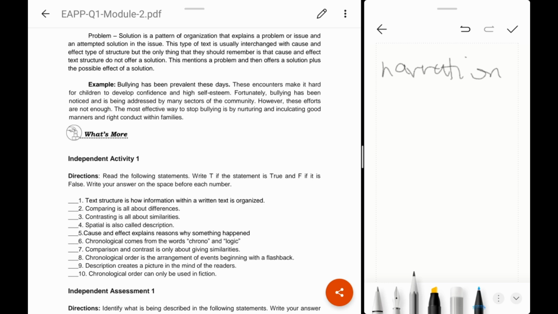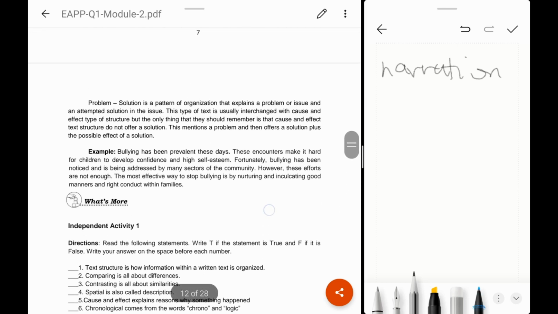Ano daw ang solution sa bullying? Yes, it's the last sentence. The most effective way daw to stop bullying is by nurturing. Okay, pagyamanin daw, inculcating, itanim daw yung good manners and right conduct sa mga estudyante sa pamilya pa lang. Okay? So, are we clear here?